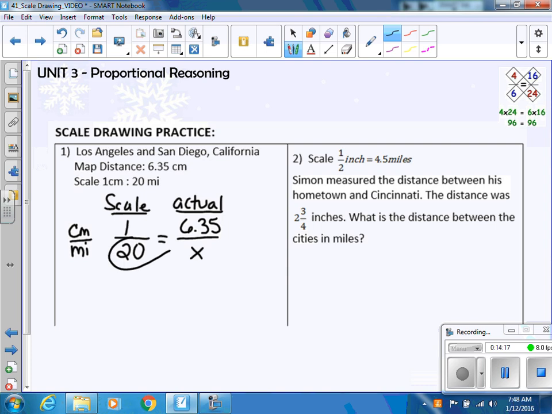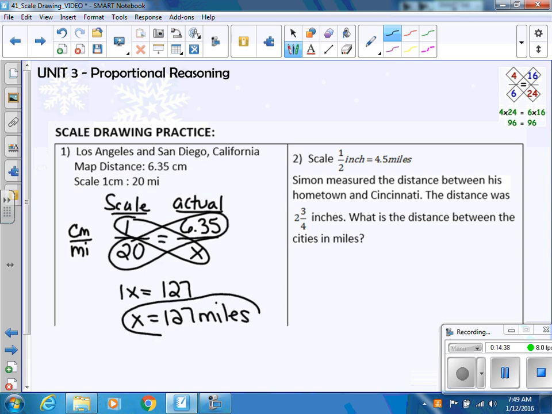So let's cross multiply. We have 1x on the one side, and then I have 20 times 6.35, which is 127. Anything divided by 1 is just going to be the same thing. So I know my answer is 127 miles.